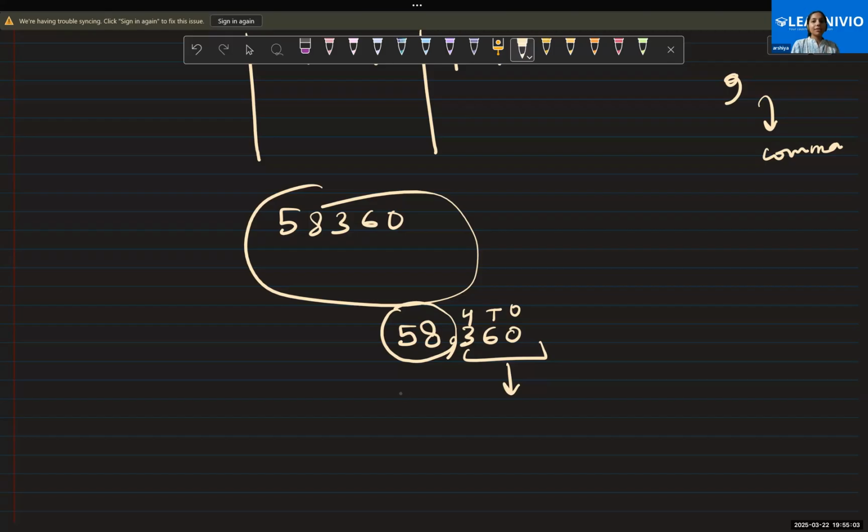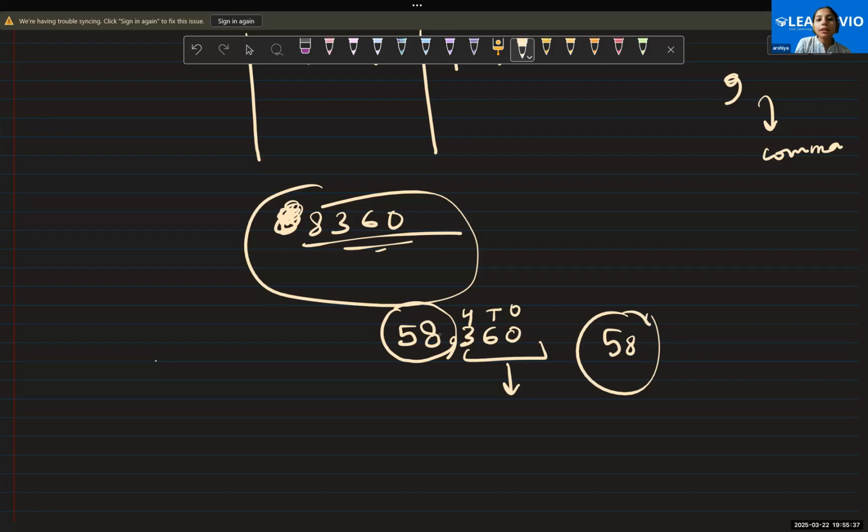Yes, but I don't know how to tell it. Tell the full number. Okay, got it. Can you tell till here? If I remove the 5, can you tell what number this is? Yes, 8,360. Correct. Now if I put 5 also, instead of 8,000, what is this number inside the circle? 58.